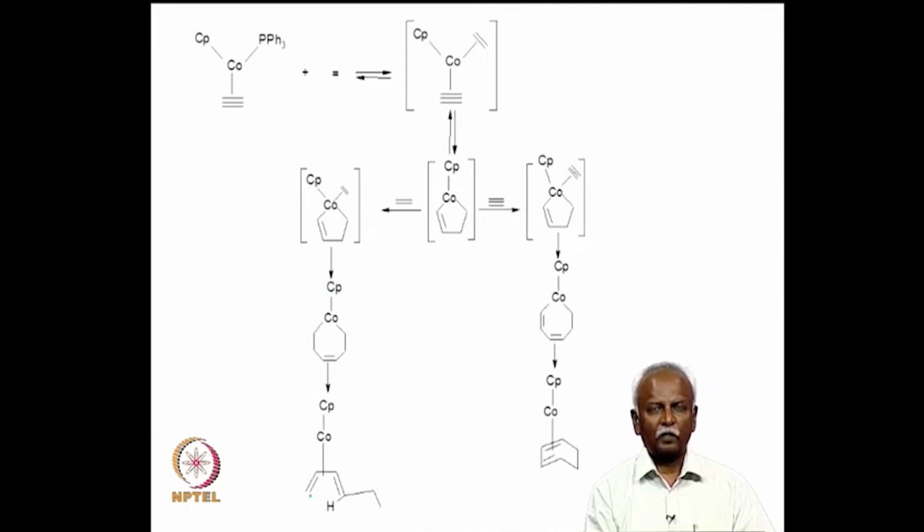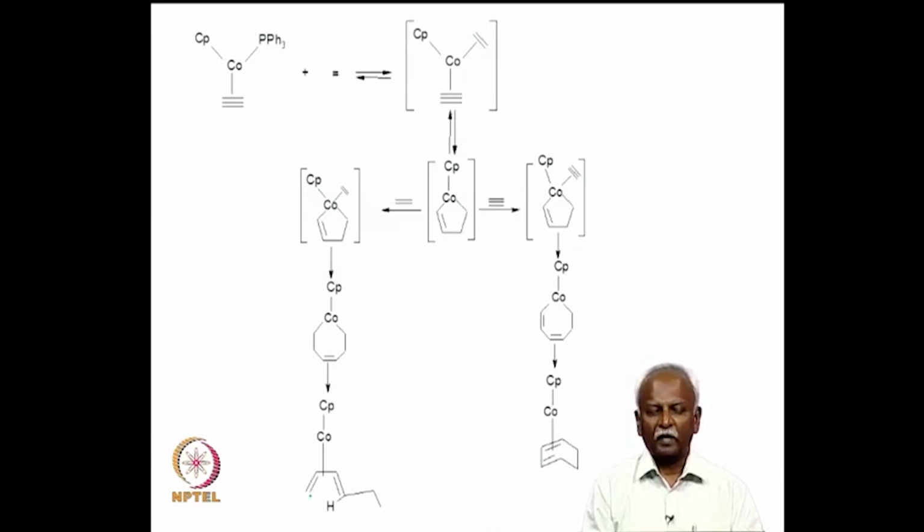So, let us now take a look at a slightly different reaction. In this case, instead of adding 2 acetylenes to the cobalt, we slow down the reaction by adding a molecule of triphenylphosphine. The rate at which the 2 acetylenes combine together is now slowed down because the dissociation of the triphenylphosphine is a rate limiting step.